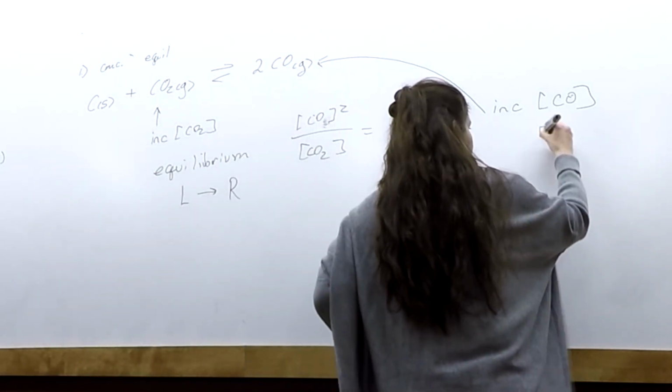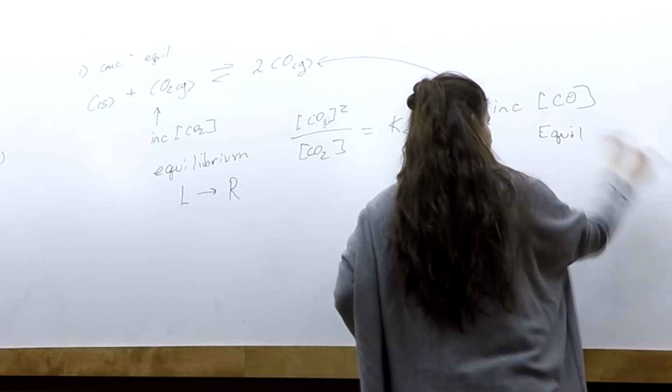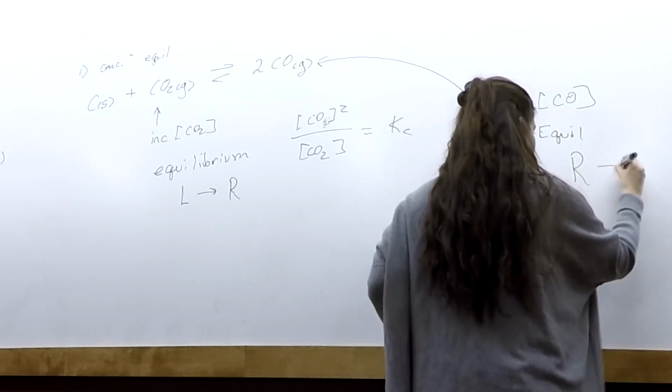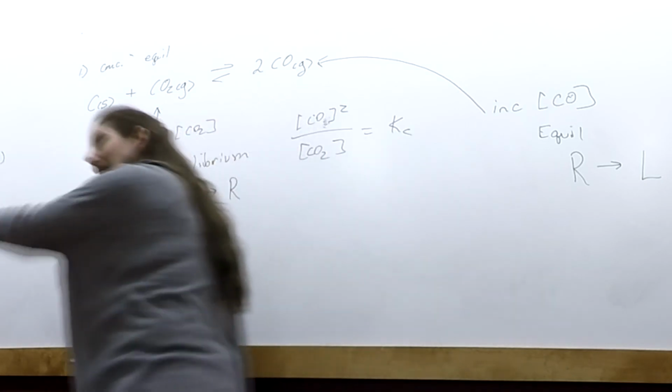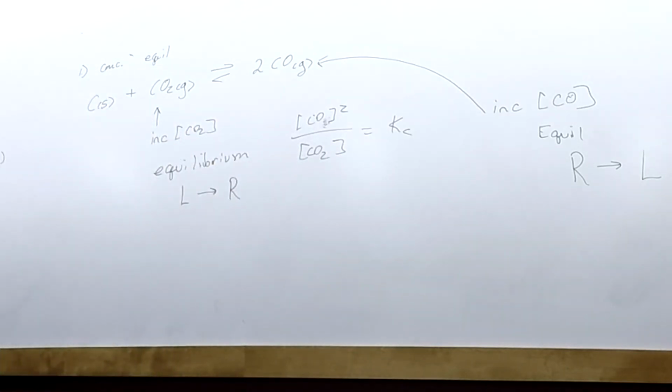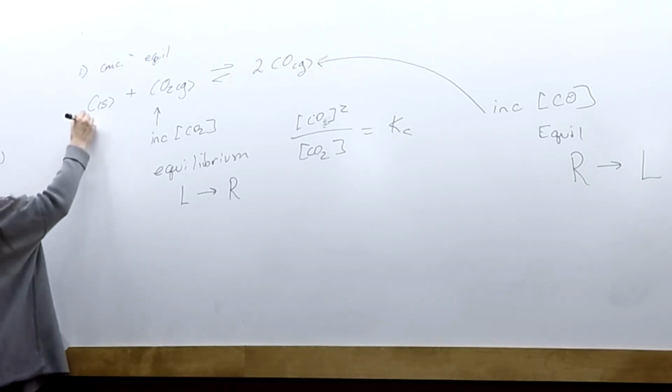So the equilibrium in this case is going to move from right, favoring the product, back to the left, favoring our reactant. Okay, so that's how concentration can shift the equilibrium.